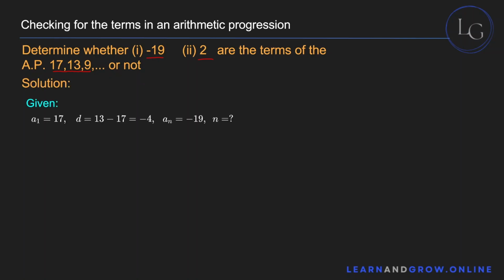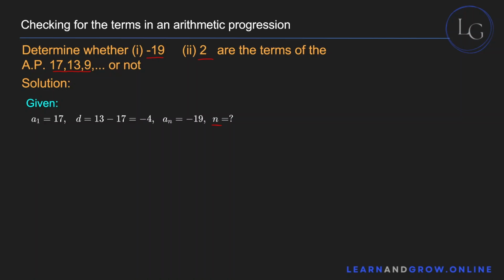So the rule of thumb is that if you find out that minus 19 gives you a term number that is an integer, that means that it is in the arithmetic progression, because obviously the term number n must always be a natural number, basically an integer greater than 0.